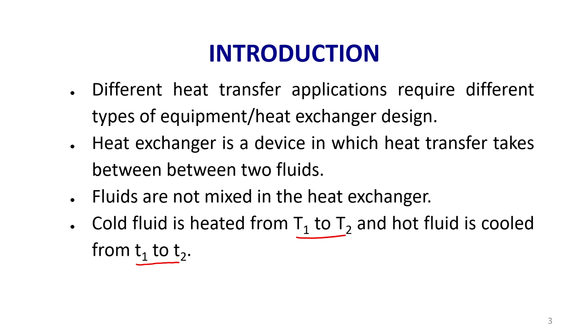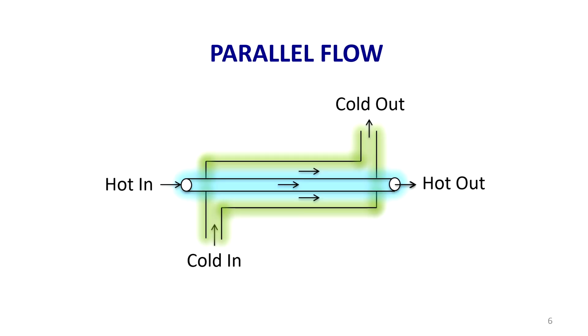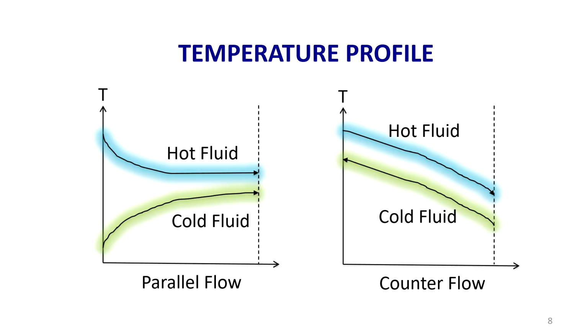The cold fluid is heated from T1 to T2 and the hot fluid is cooled from T1 to T2. Based on this, if I plot this one, this is T1, this is T2.